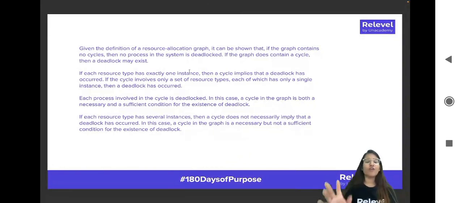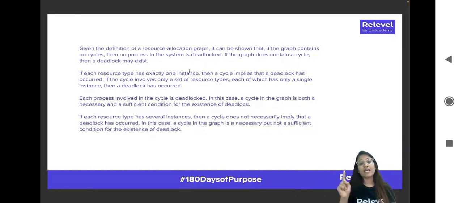Now here, we know that given the definition of the resource allocation graph, it can be shown that if the graph contains no cycle, then no process in the system is deadlocked. If in the resource allocation graph you can show that no cycle exists, that means no process in the system is deadlocked.